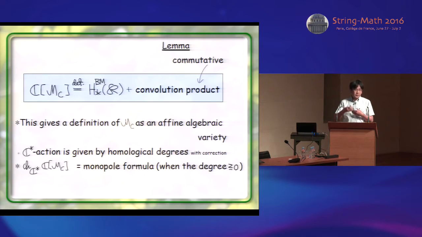So by this stratification, you can compute the Mayer-Vietoris sequence, but because there's no odd homology group, this Mayer-Vietoris sequence just splits. So you can just compute the Poincare polynomial.